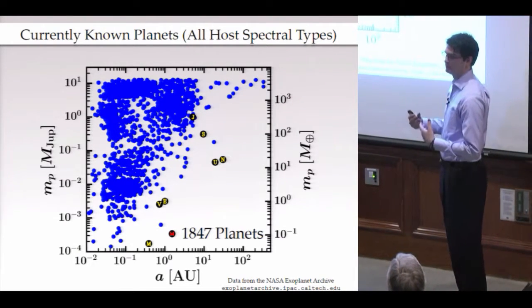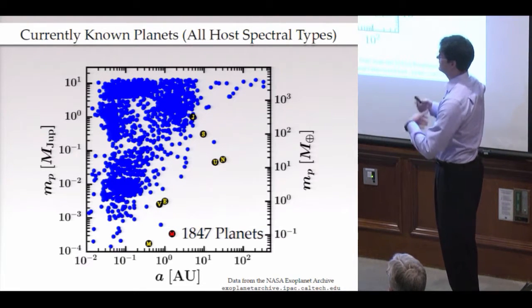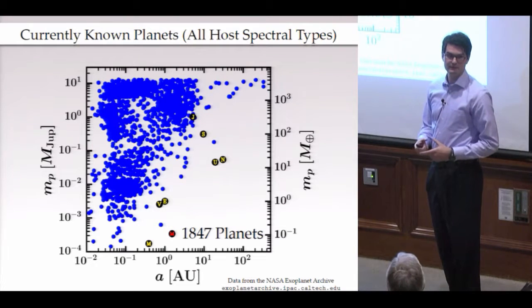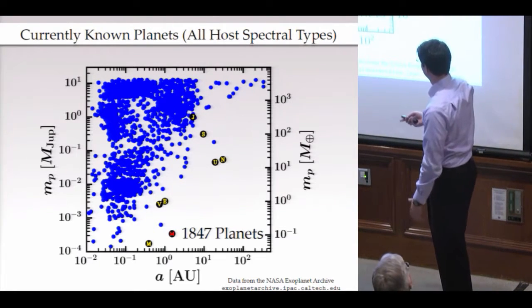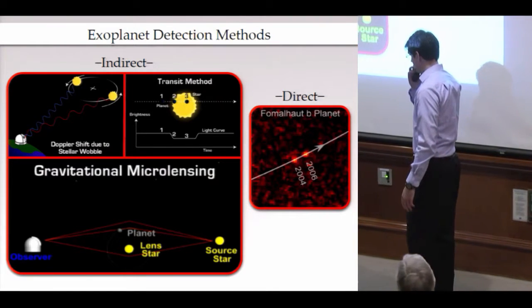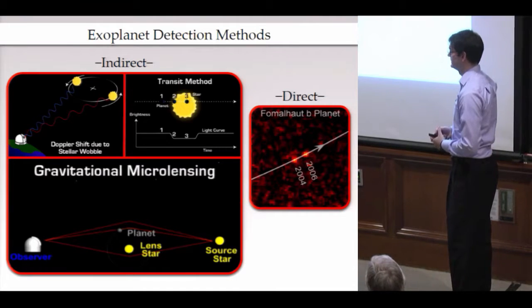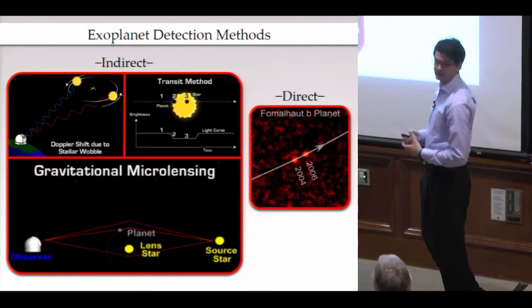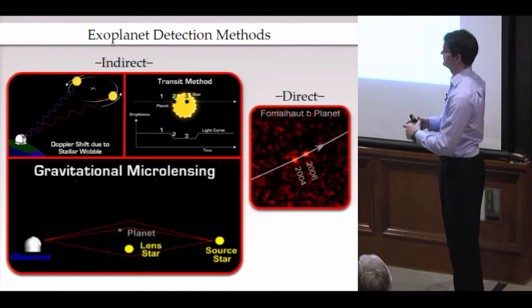This turns out to be a difficult project because exoplanet detection techniques are not sensitive to the full range of exoplanet parameter space. So there have been some planets that have been detected directly via high contrast imaging, but a vast majority of our planets that we know about have been discovered by measuring variations in a few different observables.